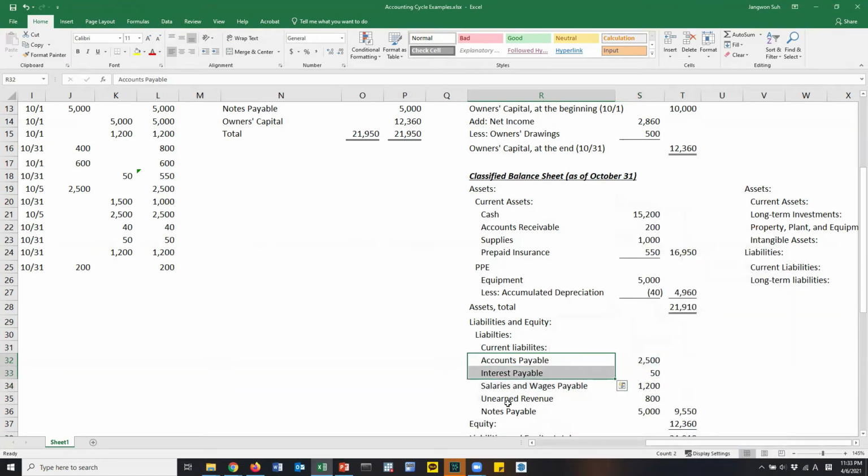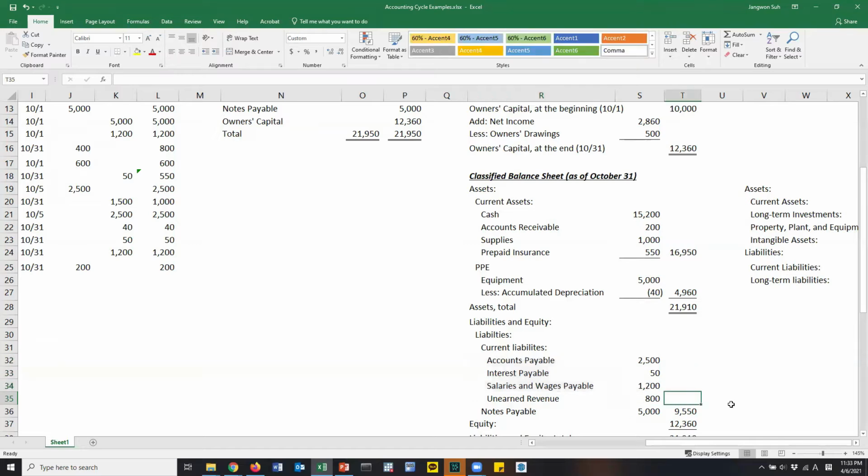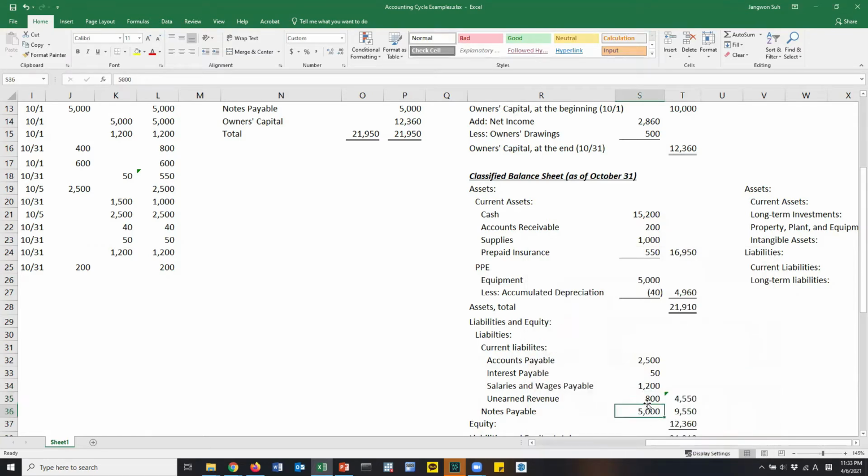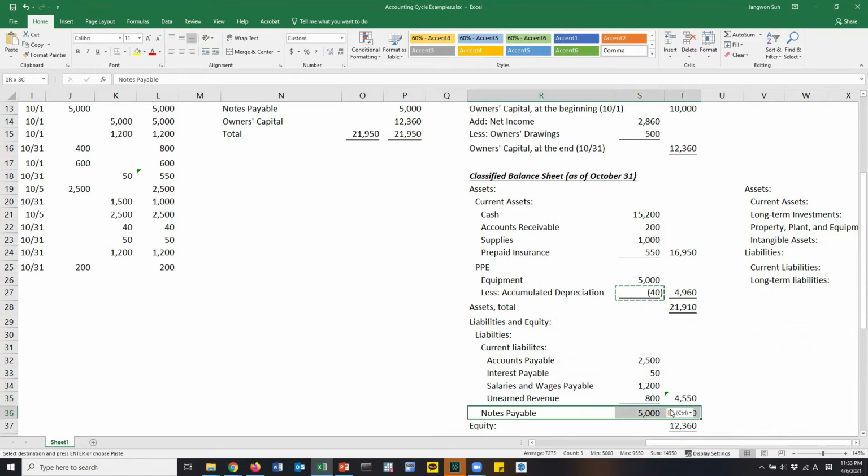And then make again a small indent so that they are distinguished from current liabilities. Then, how much is your current liabilities total? You sum them up and clearly indicate that this is your current liability total.